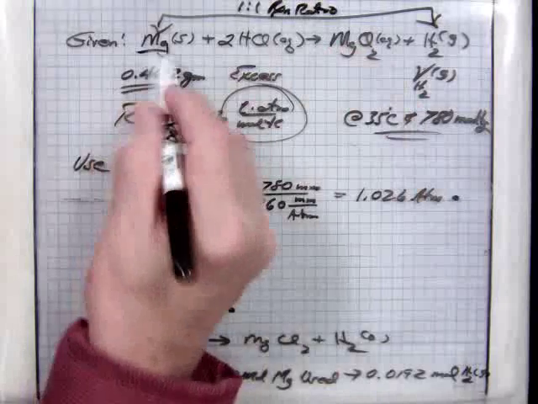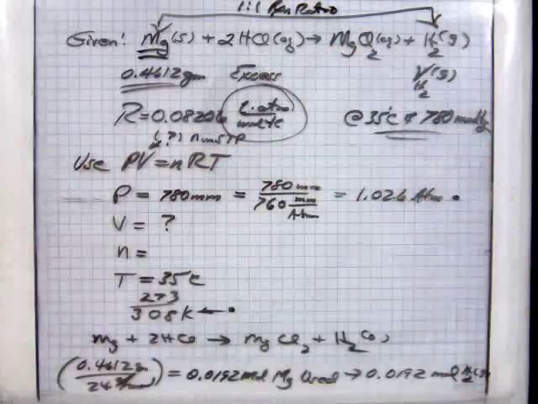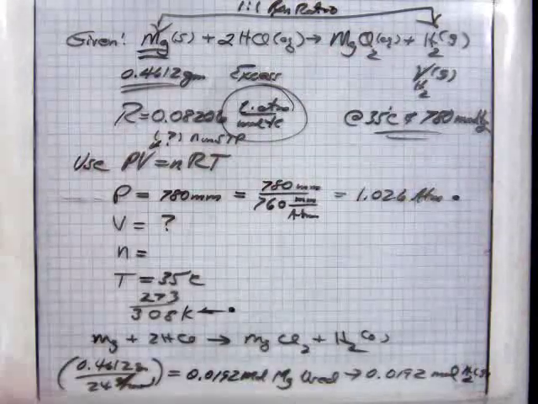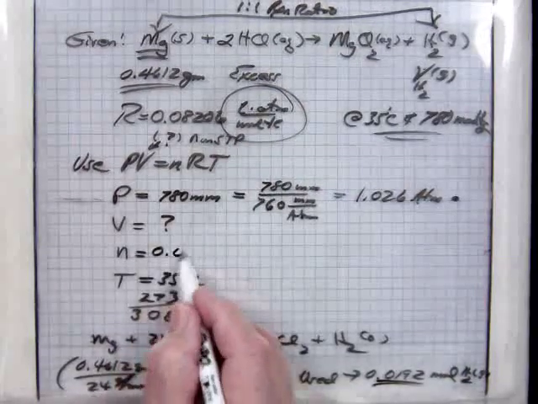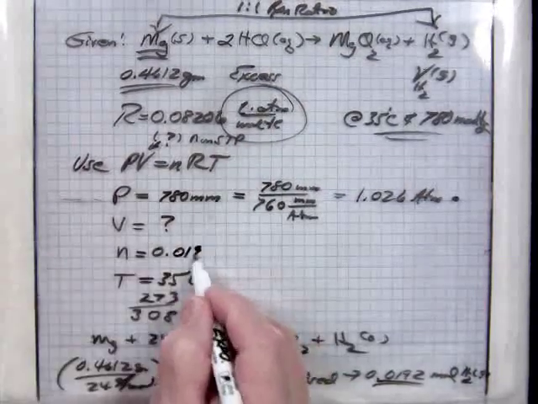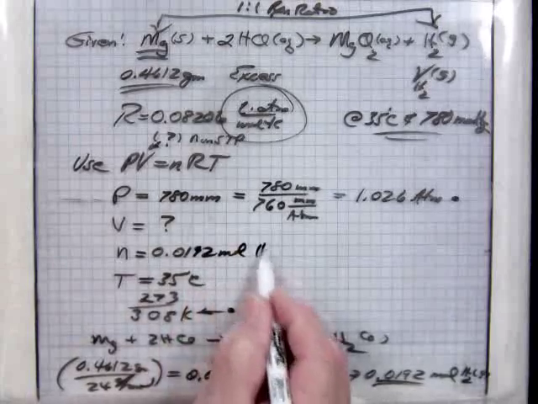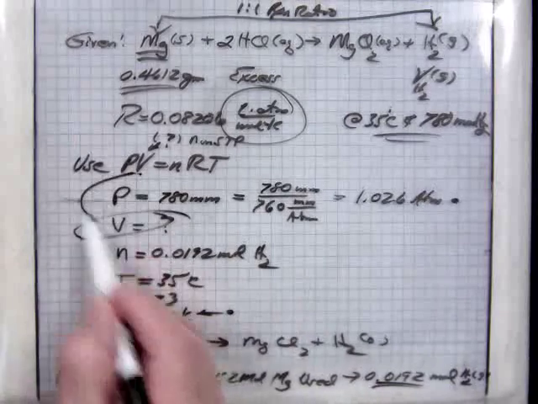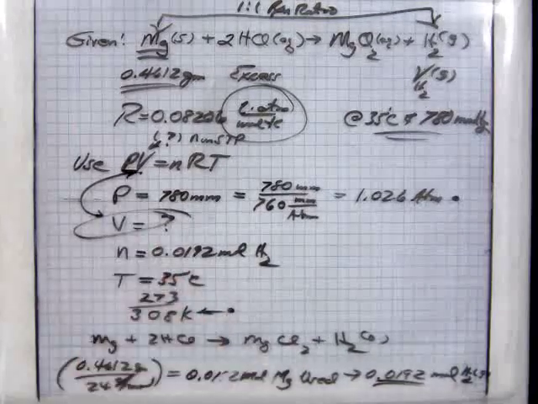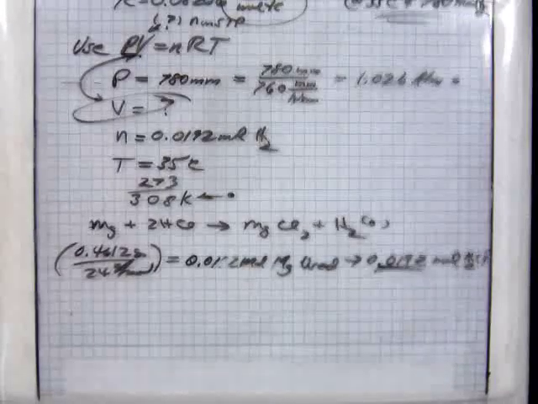So once I get the moles of the magnesium, I have the moles of H2. And so this is 0.0192 mole of H2 gas. The only unknown here is, of course, the volume. Plug in those numbers and voila, instant new volume. See how that works out.